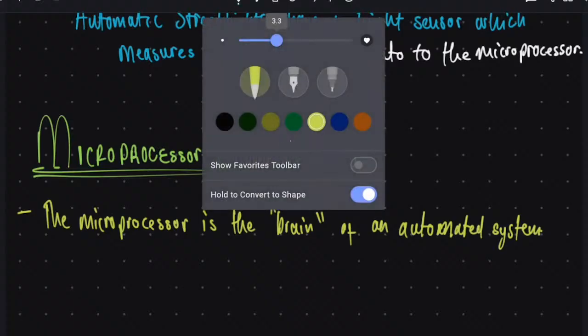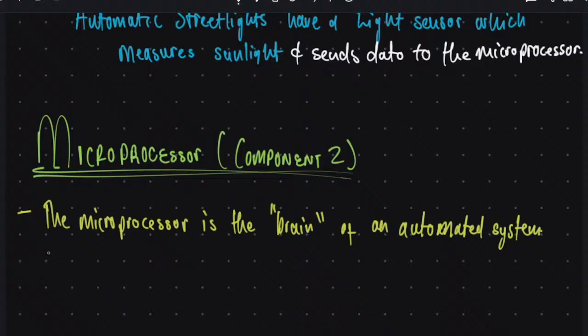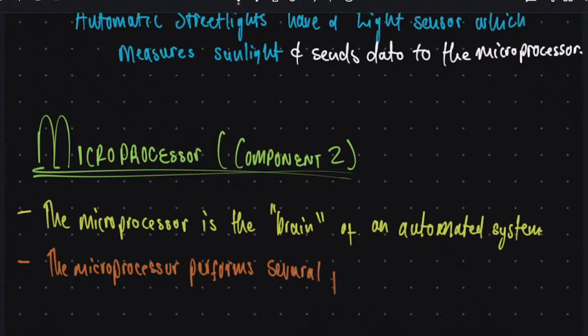What does it do? It does quite a few things. The microprocessor performs several functions.